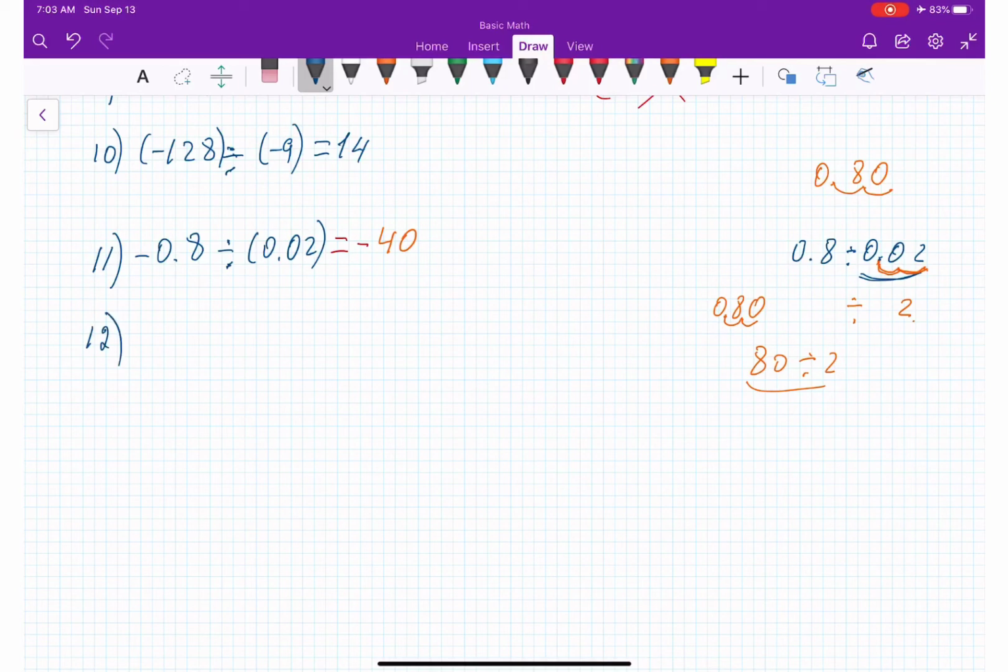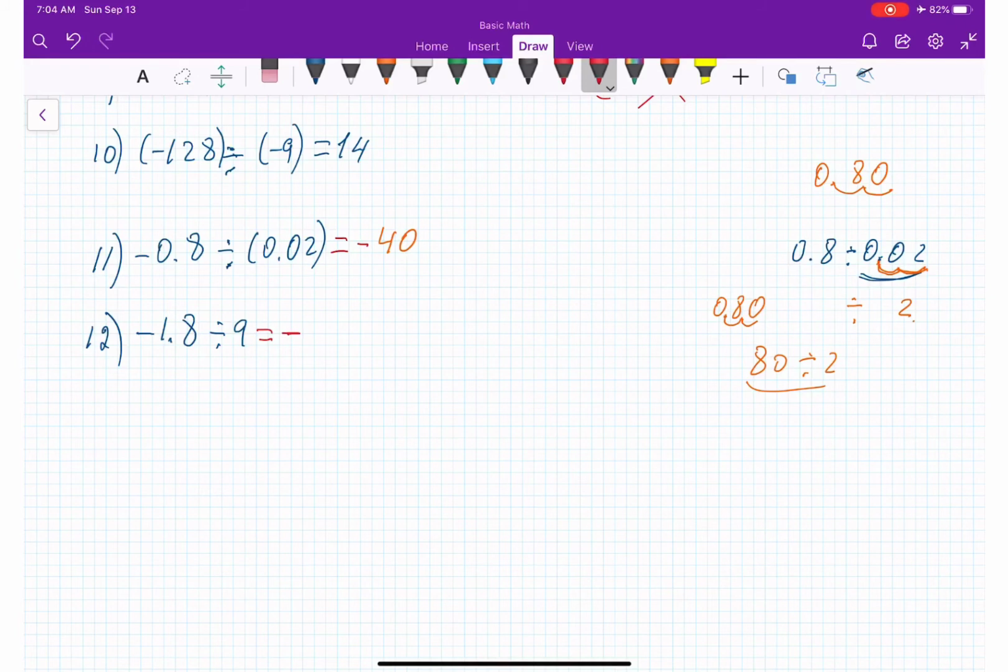Number 12. Negative 1.8 divided by 9. First of all, the first number is positive, the second number is negative, so the signs are different, then we get a negative sign.